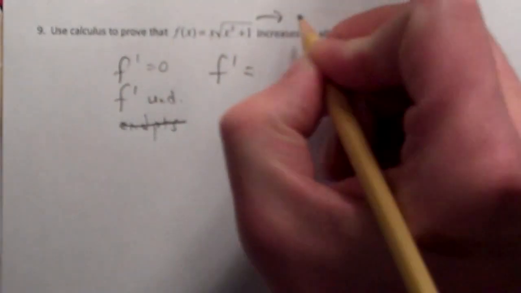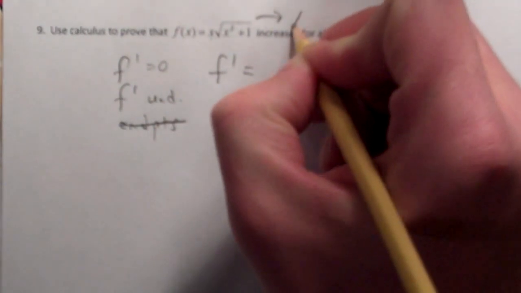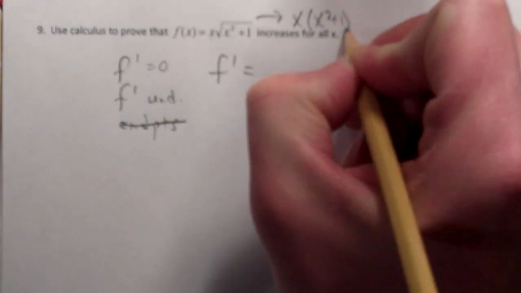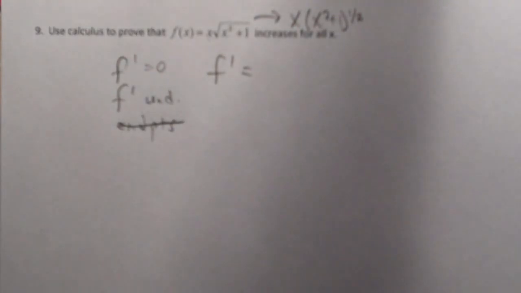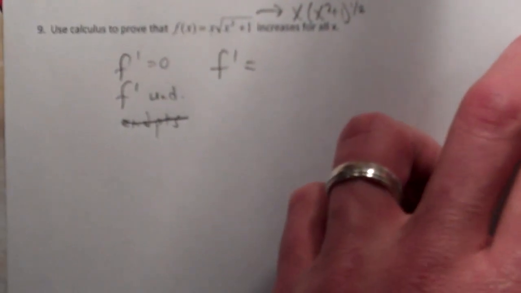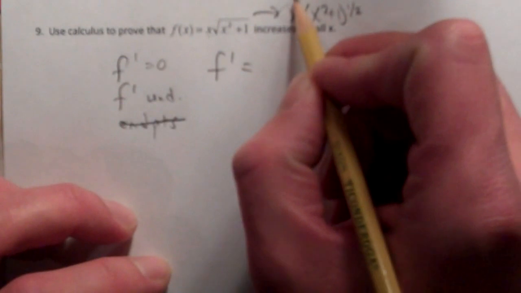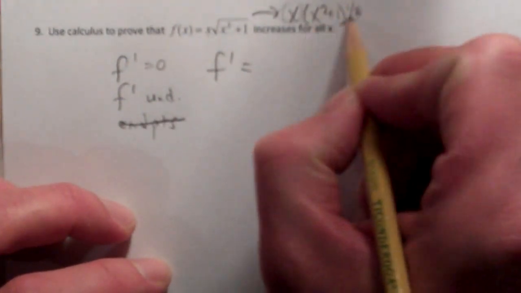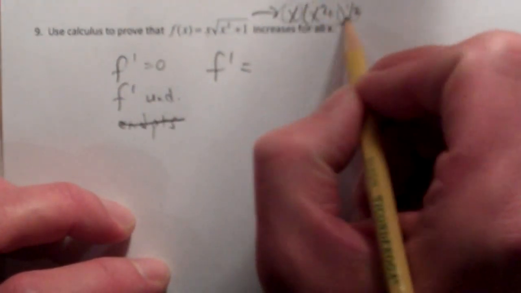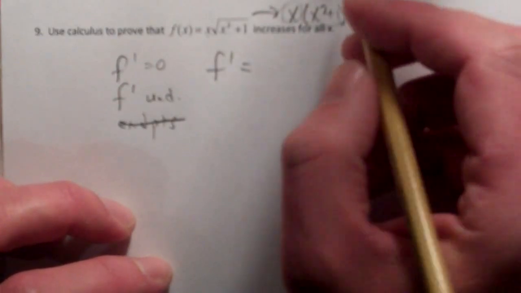By the way, this is like saying x times (x squared plus 1) to the half. It might be easier to think of it that way, just for using the power rule when we do the derivative. Also, f is a product. There's an x factor and a composite factor here.